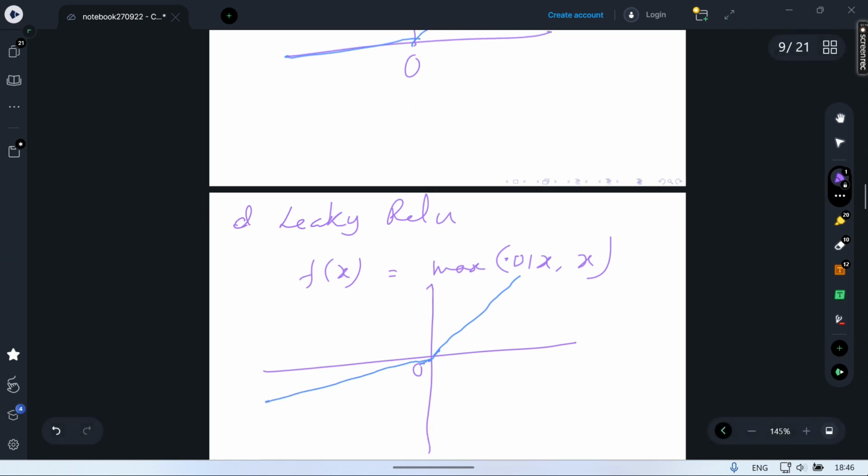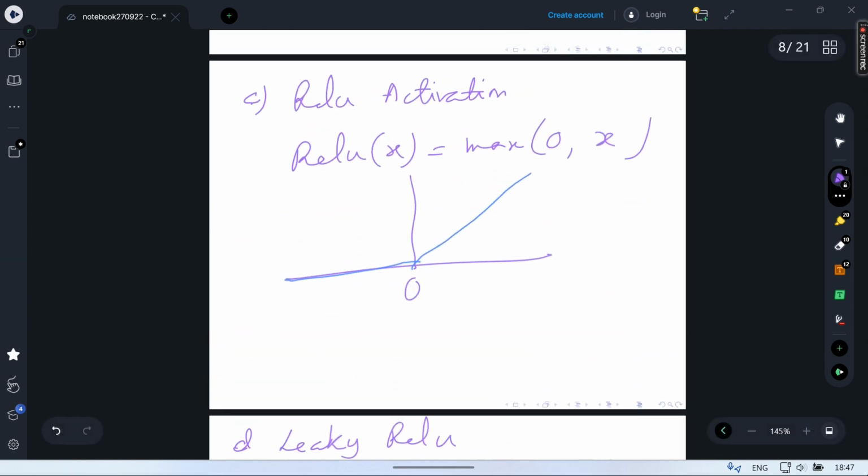But leaky ReLU has more than one additional advantage. It has a non-zero gradient even for negative x, whereas ReLU has only zero gradient.